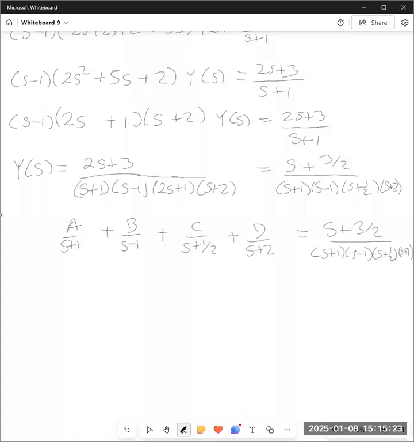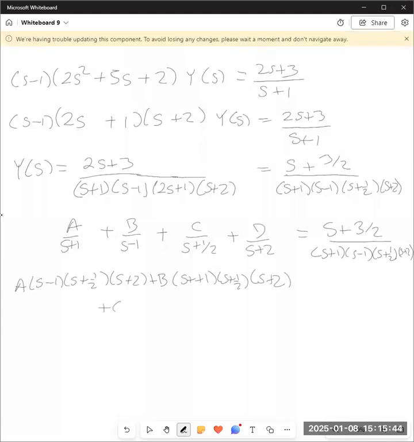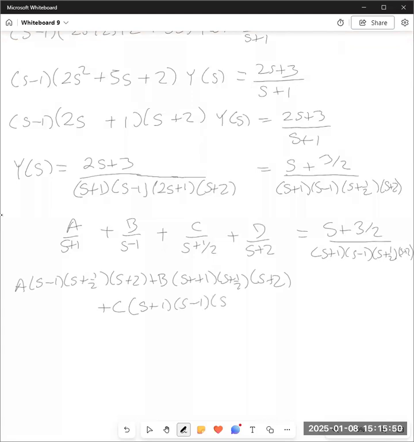And that means that I have A times (s minus 1)(s plus 1/2)(s plus 2) plus B times (s plus 1)(s plus 1/2)(s plus 2) plus C times (s plus 1)(s minus 1)(s plus 2) plus D times (s plus 1)(s minus 1)(s plus 1/2) is equal to s plus 3/2.